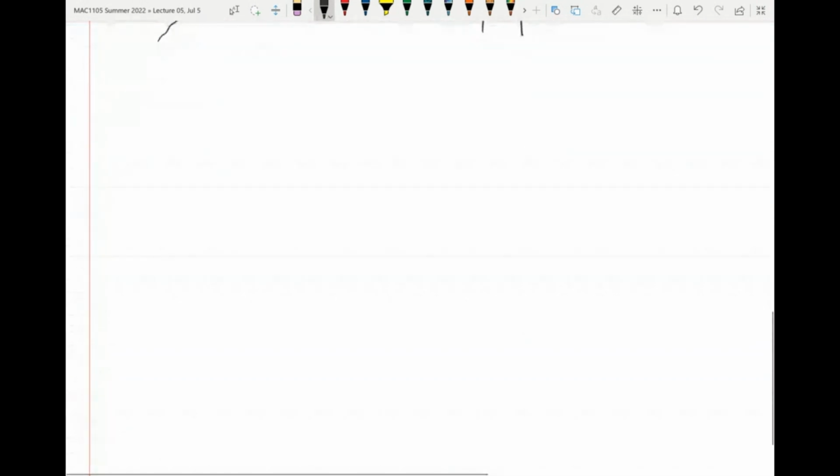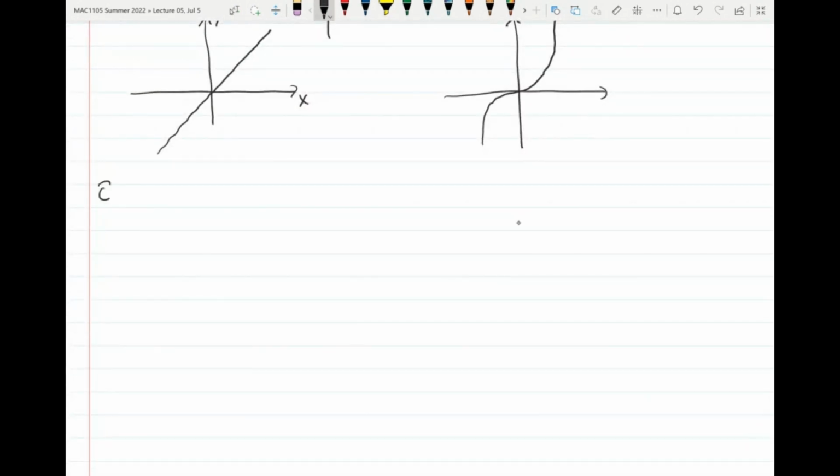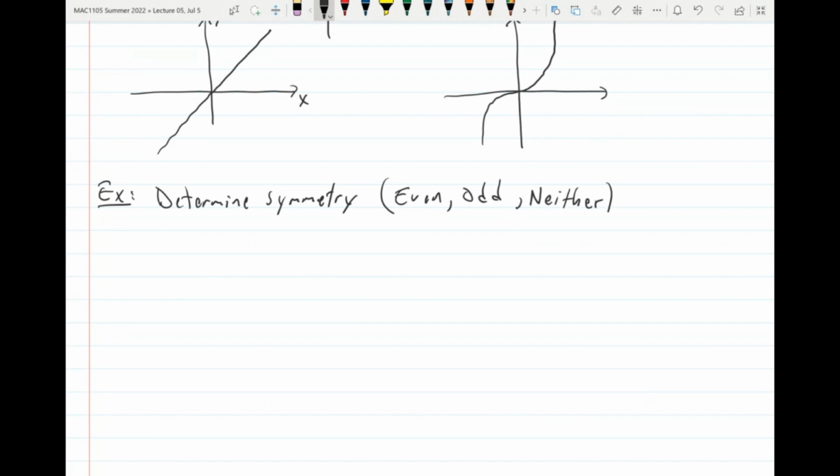Okay, so then let's do some examples. So determine symmetry. And remember, whenever I ask you for symmetry, we mean either even, odd, or maybe the answer is neither.